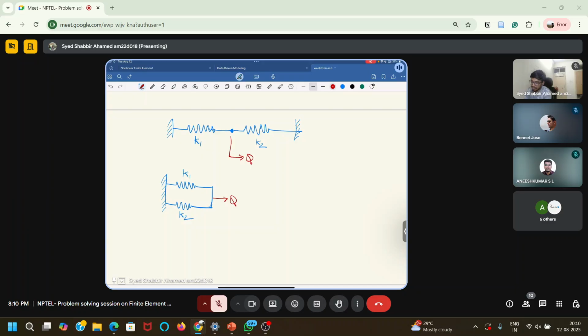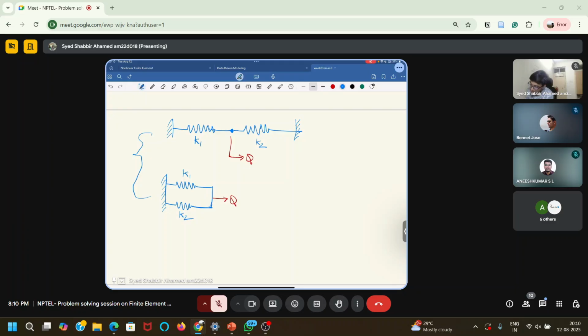Is there any difference between these two? No, there is no difference between this. Because if you see here, this configuration is also equal to springs connected in parallel.